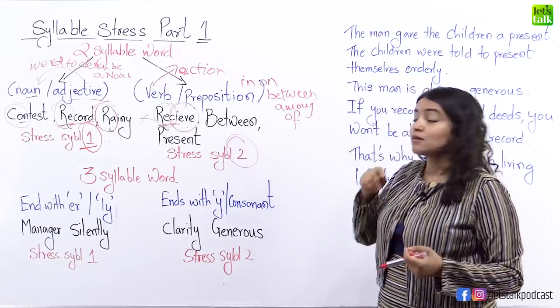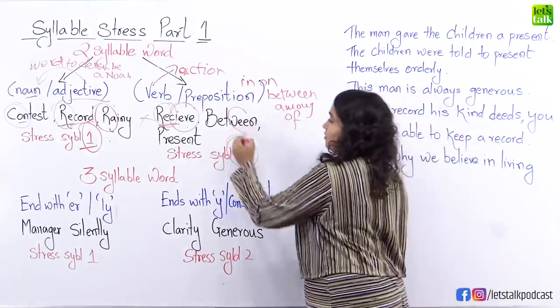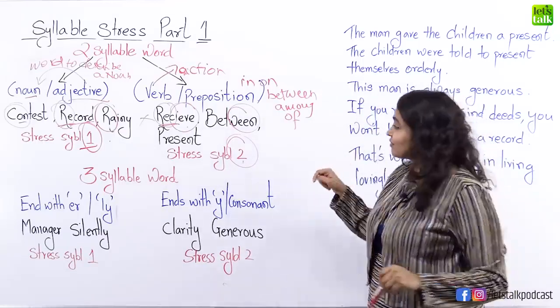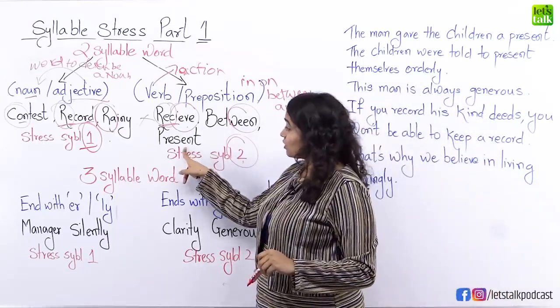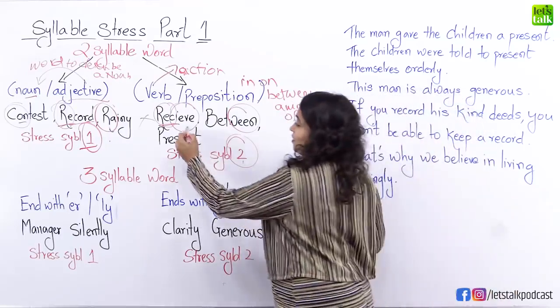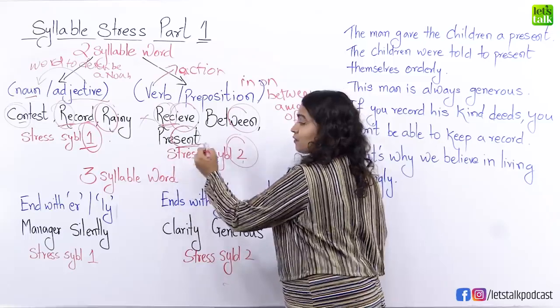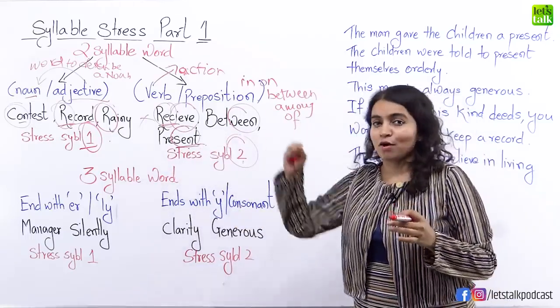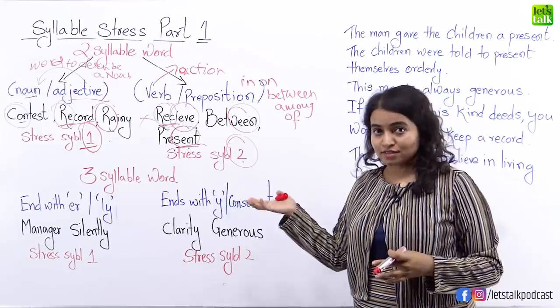So I will say beTWEEN. We're stressing syllable number 2 again, beTWEEN. And then we've got another word, which is present. I'm stressing the second syllable, which is the zent part, and I say preSENT.